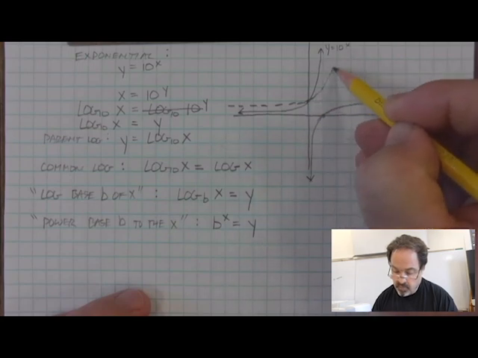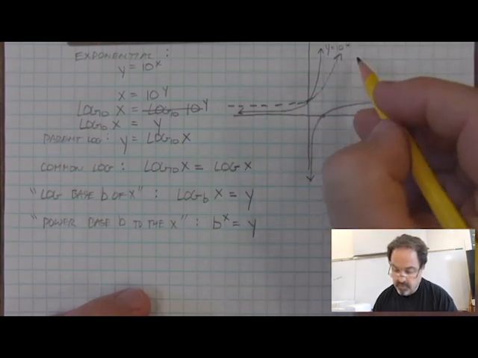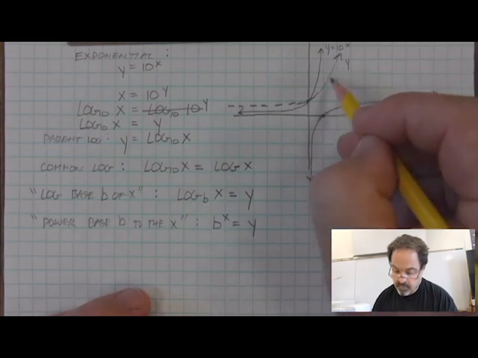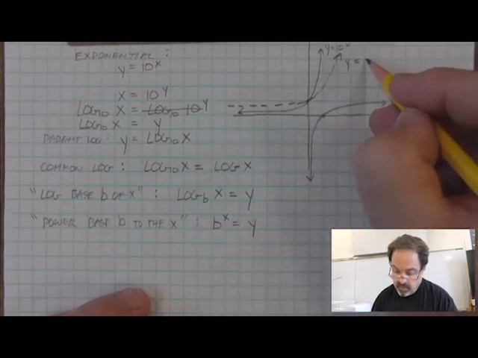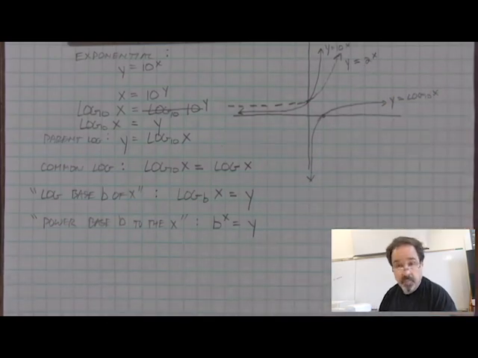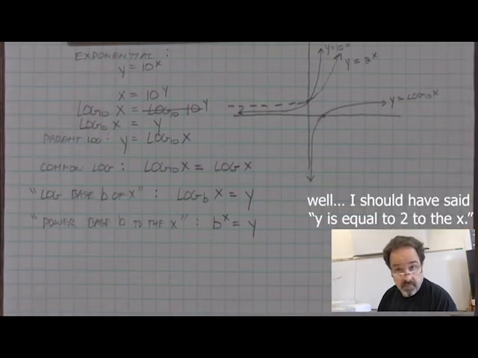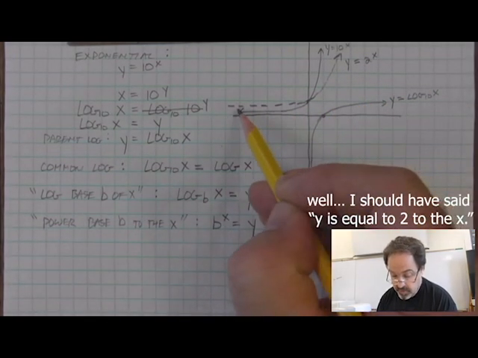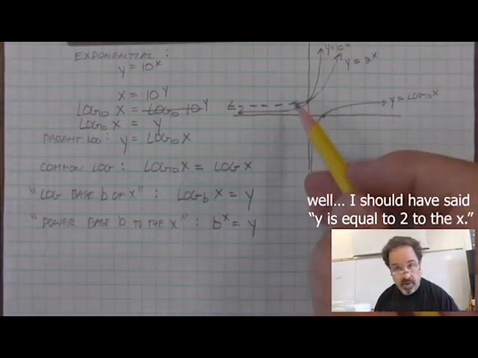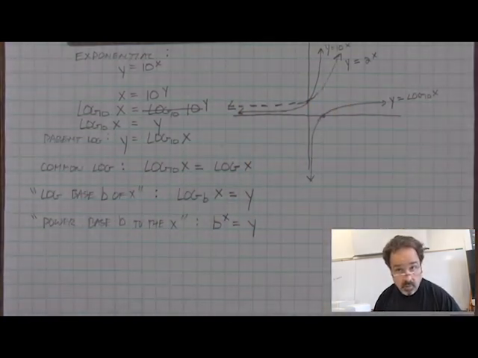It's more gradual in both directions. The curve that I just drew here is a sketch of the exponential y is equal to 2 to the x. Same kind of exponential curve, but more gradual, broader, lower power base.